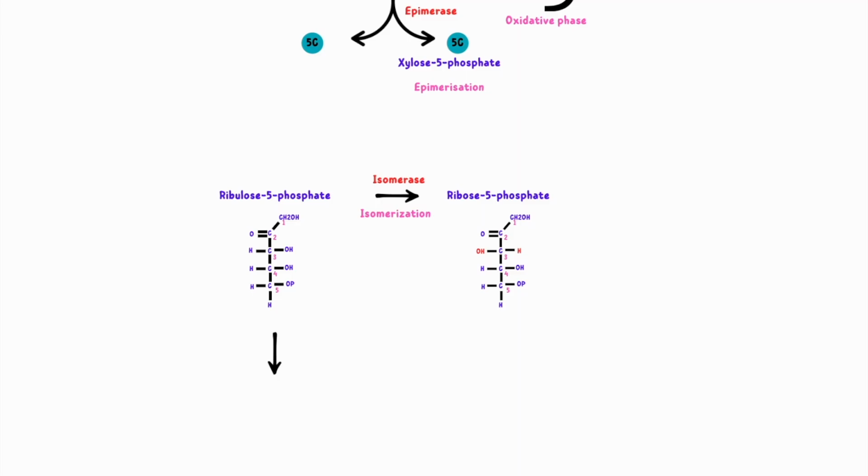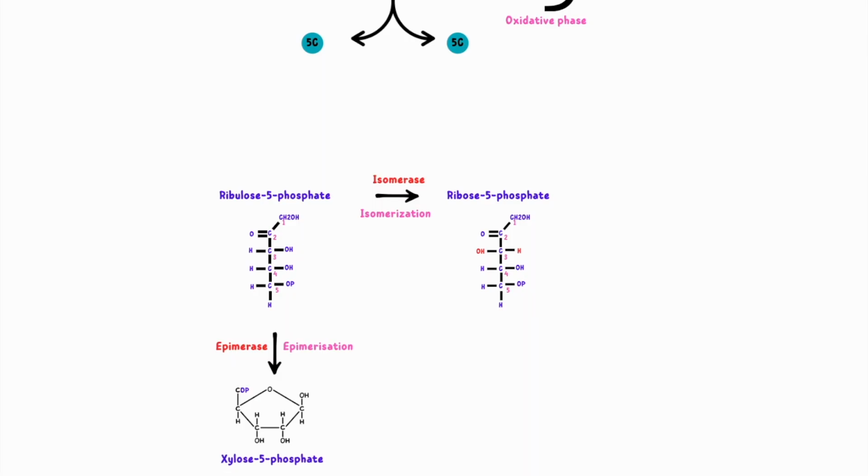This ribose 5-phosphate can be used for DNA synthesis or RNA synthesis. Again, ribulose 5-phosphate can also undergo an epimerization reaction with the help of epimerase and convert into xylulose 5-phosphate. Both ribose 5-phosphate and xylulose 5-phosphate are 5-carbon sugars and both are interconvertible with each other.